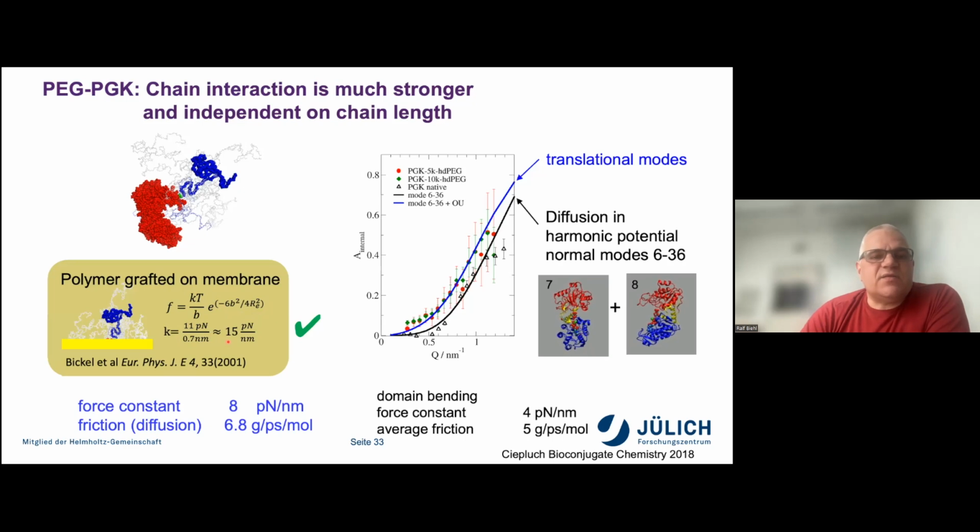And that explains two things. The independence of molecular weight explains why we observe the same values here for 5K and 10K molecular weight PEG. And the other thing is that this 15 piconewton roughly explains the value that we observe here with 8 piconewton. So it seems that the polymer fixes the protein in a harmonic potential.